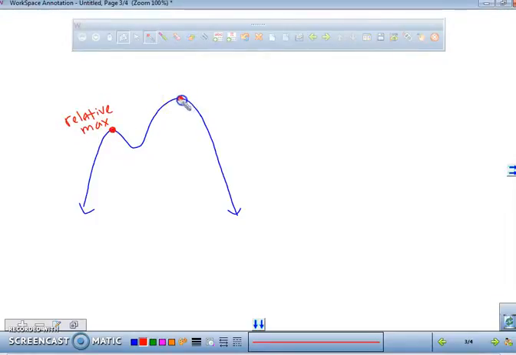This point right here would actually be considered the absolute maximum. So why would you have a relative maximum and an absolute maximum? That is absolutely the highest point that it absolutely gets. But you can only get that whenever you have different curves.